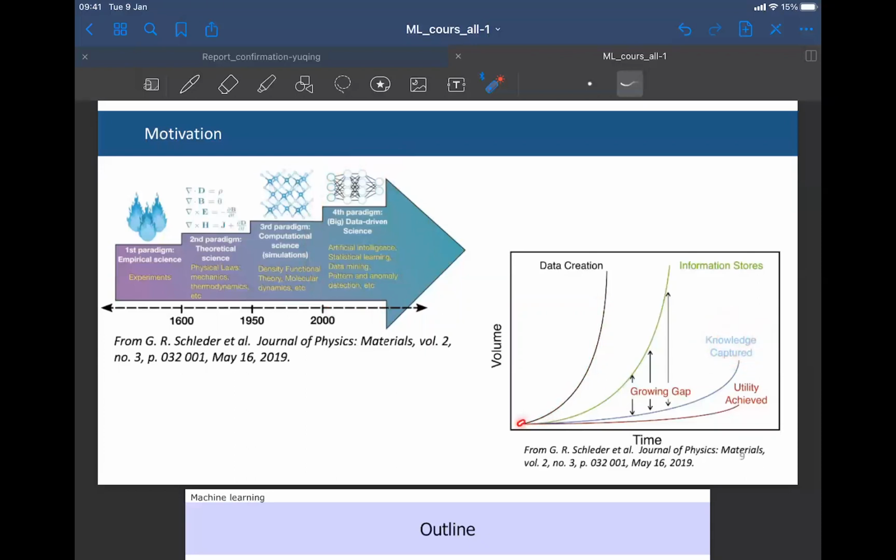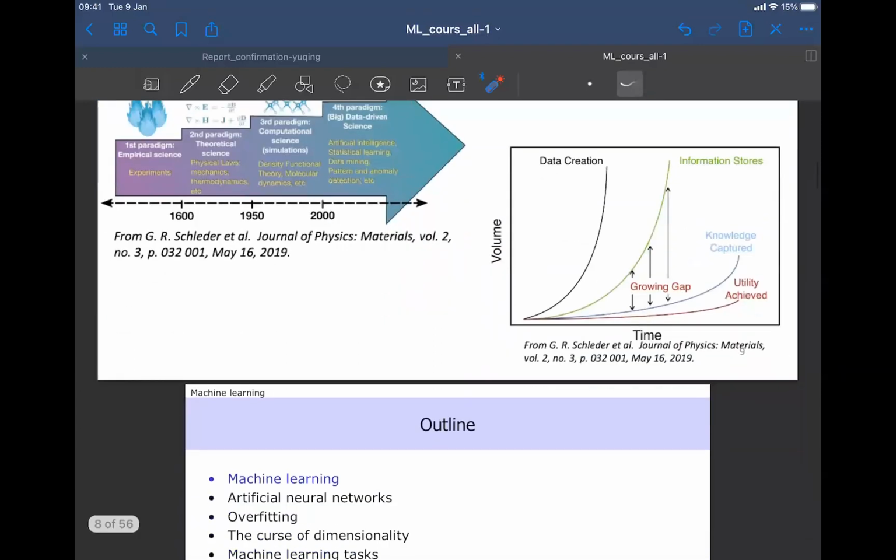Because you have data that has been created over time, so you have time and here the amount, you have more data, you have more information, because data really contains information, but we don't really capture the information. And so by using machine learning, we can really capture the information and learn to propose or accelerate at least material science.